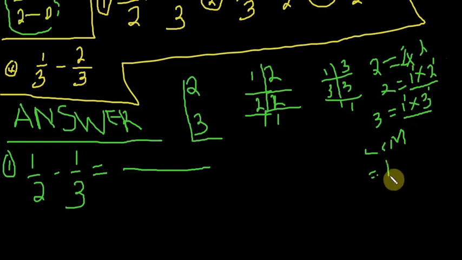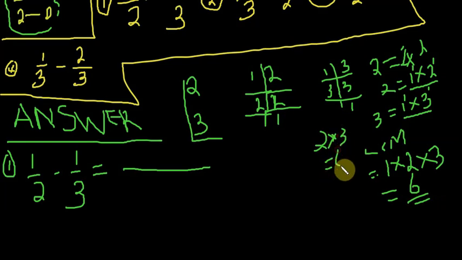Here 1 is repeating, so we write it once. That is 1 times 2 times 3, which gives us 6. So 6 is the LCM, the lowest common multiple. Another way of getting it is to just multiply the denominators, 2 by 3, which gives 6.